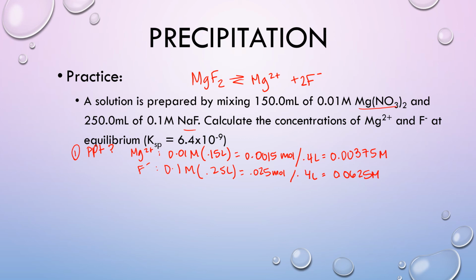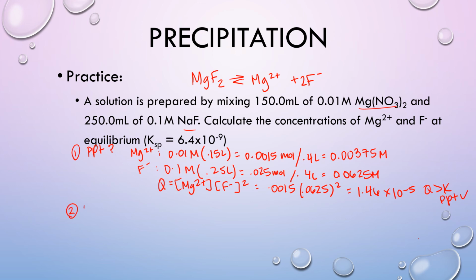Then I'm going to plug them in for Q. Oops. Left out a number there, 0.0625 squared. And I get that Q equals 1.46 times 10 to the negative 5. So when I compare that to the K value, Q is greater than K, so this is going to precipitate.